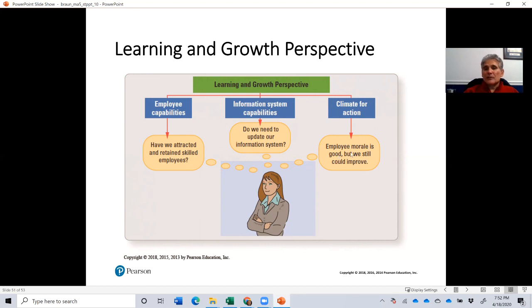And the question here is, employee morale is good, but we still could improve. Okay, is it good? You want to measure that. Can you measure it? I don't know, maybe you can, maybe you don't, but you definitely want to put something in place that would help improve morale. Maybe the morale can be judged on turnover rates, employee turnover rates. Maybe that's where we're going to put employee turnovers to judge whether or not we have a high morale.